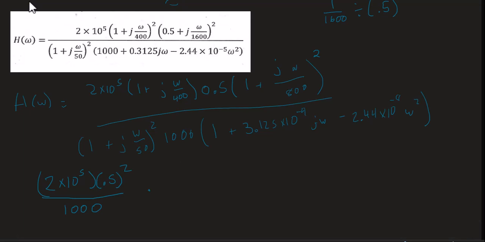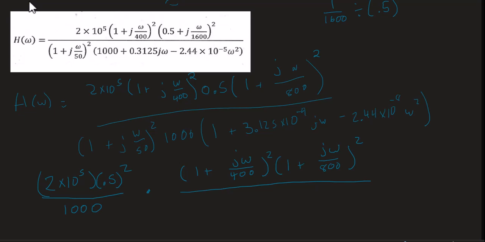I don't know if that makes it better or worse that I forgot all of my squares. So yeah, it should be squared. Times 1 plus j omega over 400 times 1 plus j omega over 800, and these are both supposed to be squared.